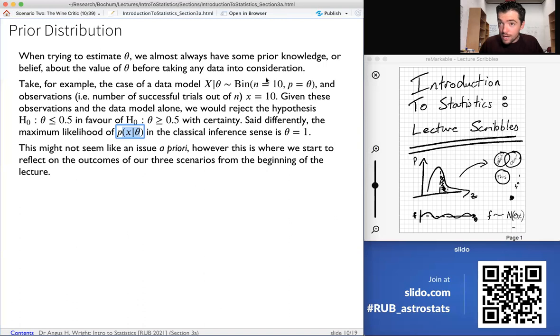Does the wine taster correctly identify the right wine 10 times in a row? Does the musician identify the correct composer 10 times in a row? All of them succeed. X equals 10. And therefore, in classical likelihood, the probability of them telling the truth is equal every single time.